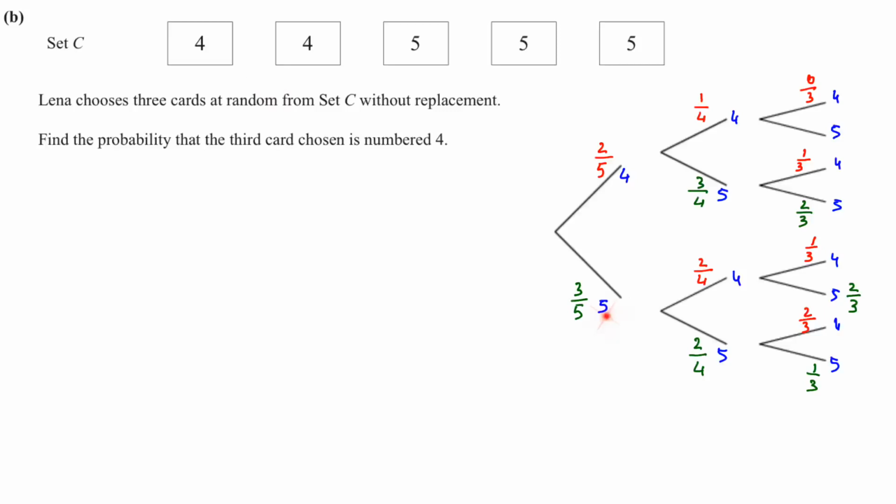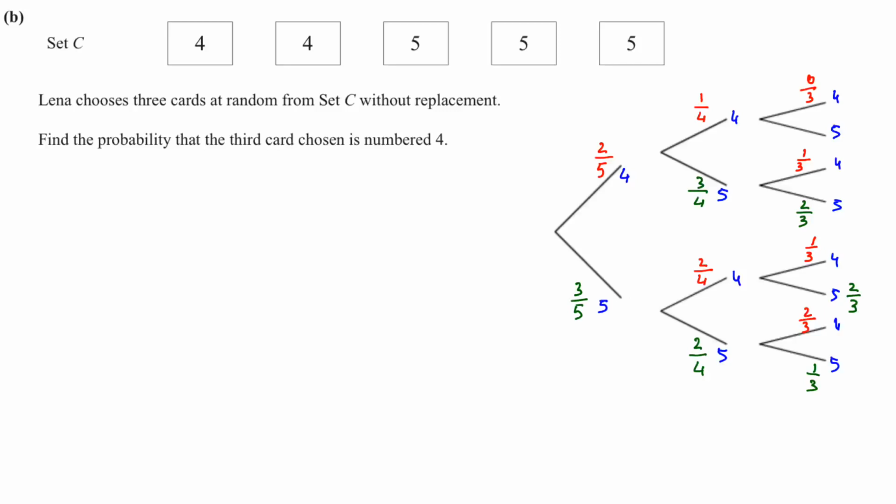And the probability of 5 is 3 over 5. This is without replacement, so one card becomes less in the second branch. So 5 minus 1, 4. So your total of each branch is 4. You removed 1 4, so now you're going to have 1 4 remaining. So 1 over 4. But the 5s are the same, so it's 3 over 4. The same you will do for all the branches.